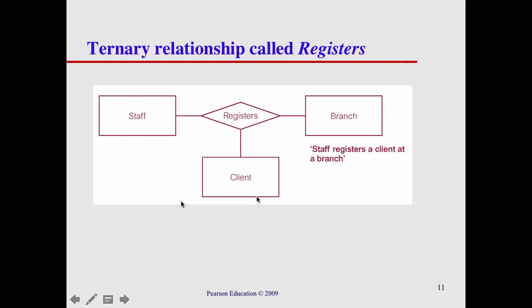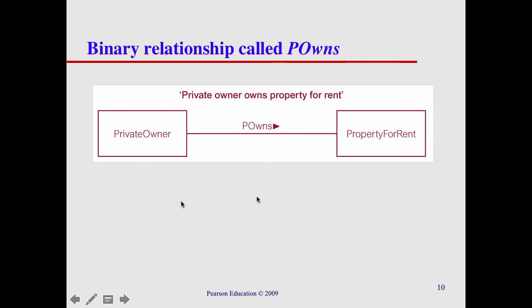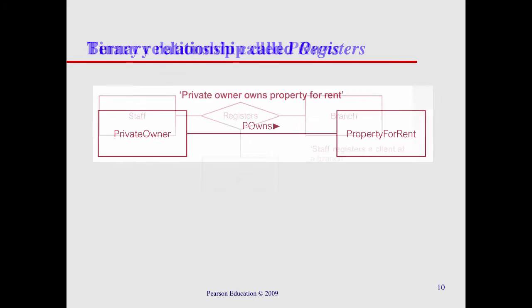Whereas when you have a binary relationship, you don't have the diamond. You just draw a line straight from one entity to the other entity, and you direct it and put the label of the relationship on the line.